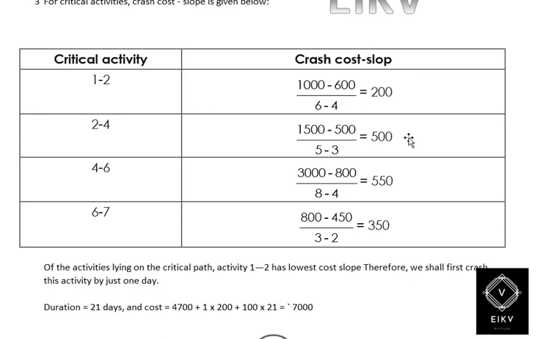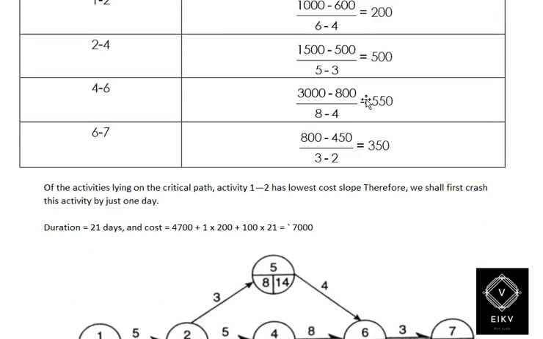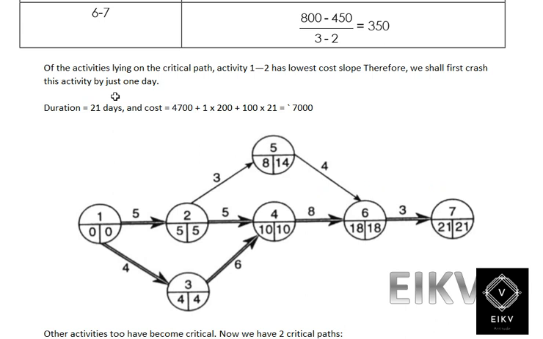When we analyze here, we need to select the lower cost amount. So we can identify that activity 1 to 2 has the lowest cost, and its days should be reduced. Therefore, it should be taken.